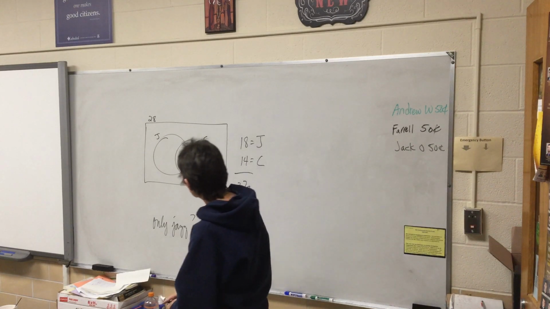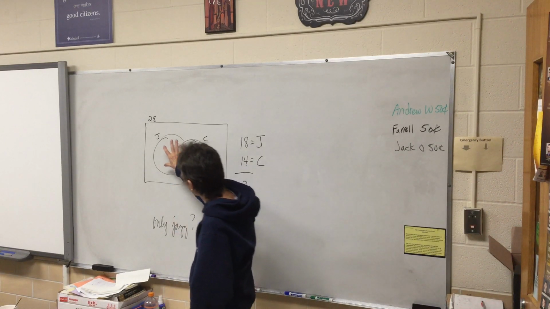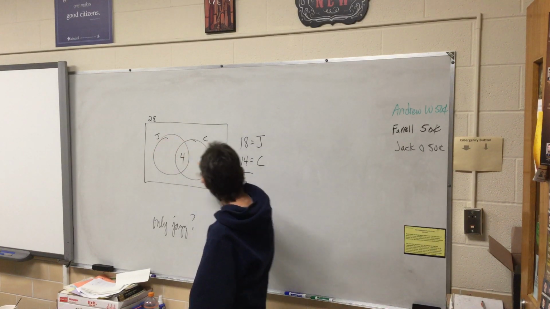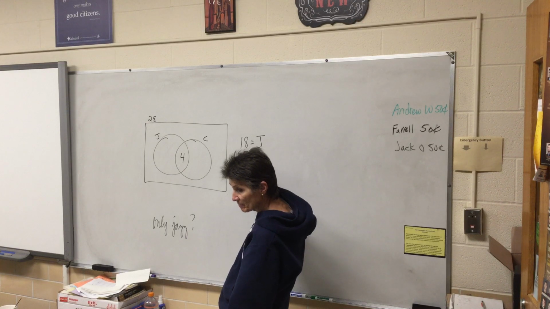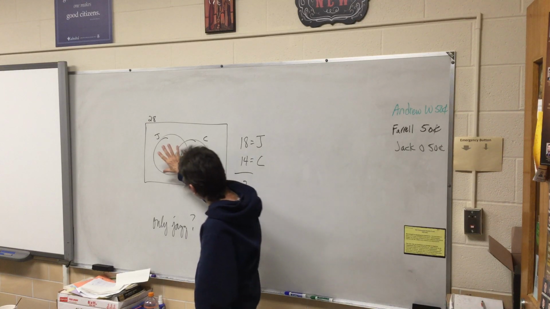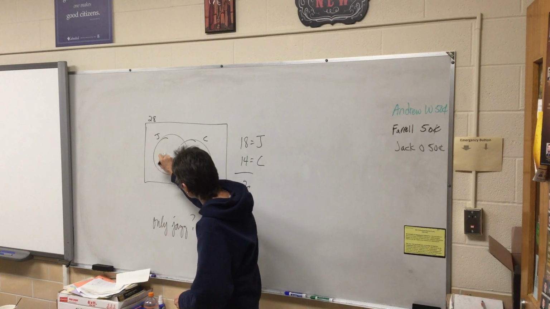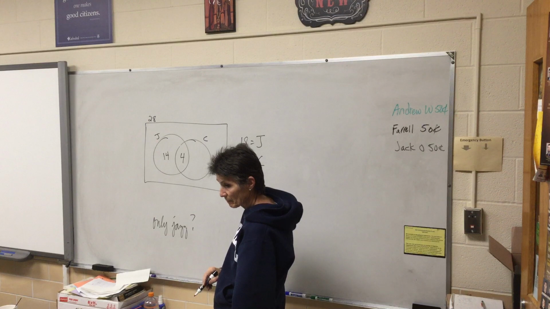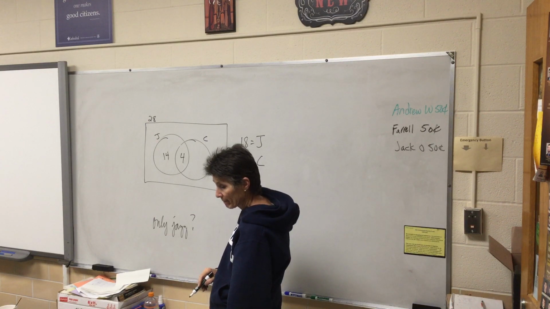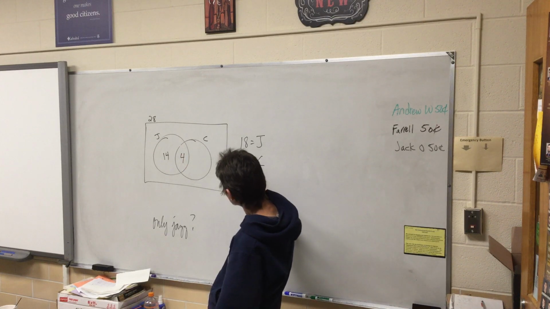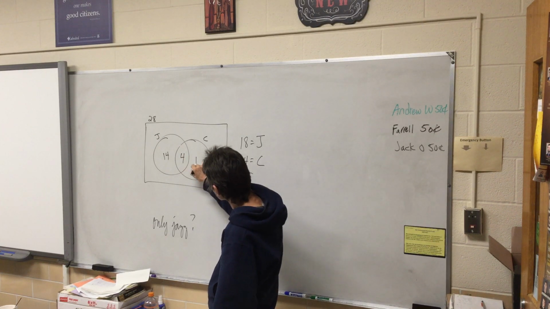Now, I know that the whole J ball, this entire ball, has to add up to 18. So if the whole thing is 18, but 4 of them are already in here, wouldn't this be 14? And then if the whole C ball is 14, but 4 of them are already there, isn't this 10?